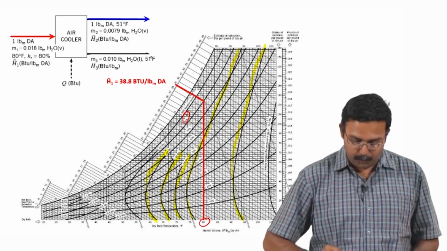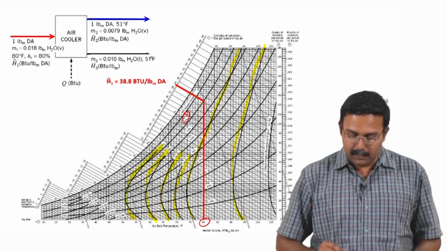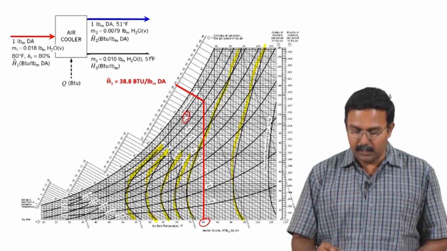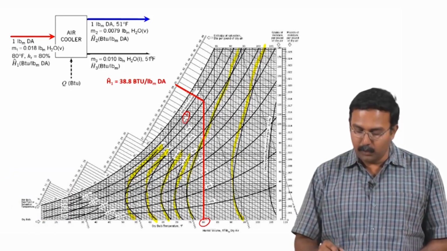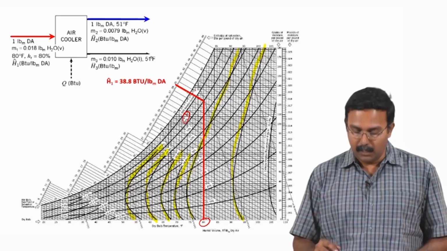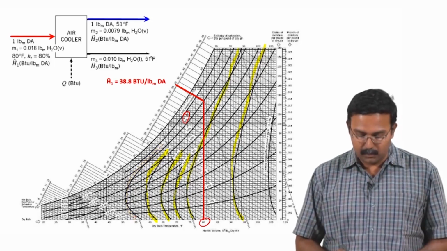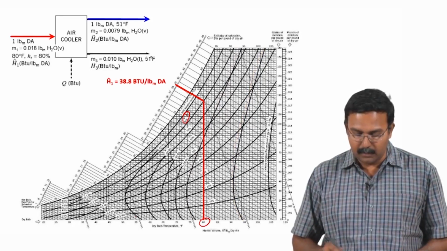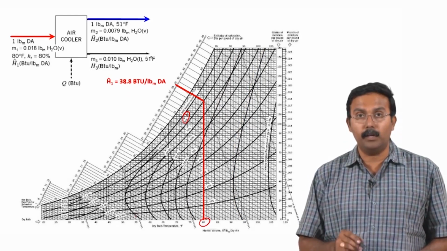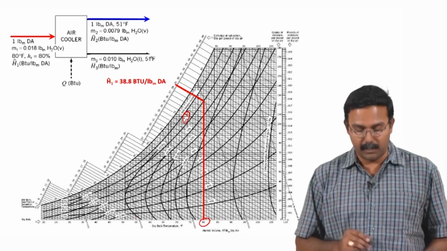So for the first few points it goes here, indicating that the enthalpy deviation for this region which we are looking at is probably very small, and hence we do not have to worry about it, and whatever we are measuring here is good enough. So that is what we have done. We have just looked at the value, which is 38.8 BTU per pound mass of dry air.